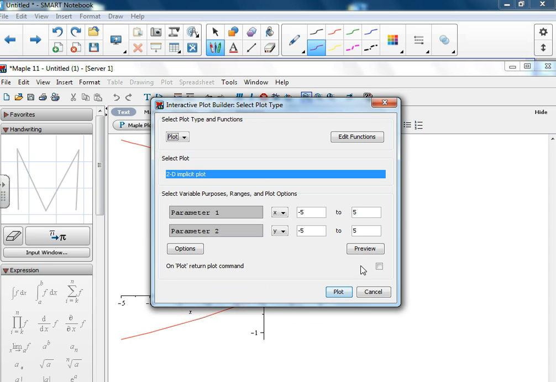Okay, we're going to bring the parameters out a little bit. What do you think? Plus or minus 10? Maybe. Would be better.